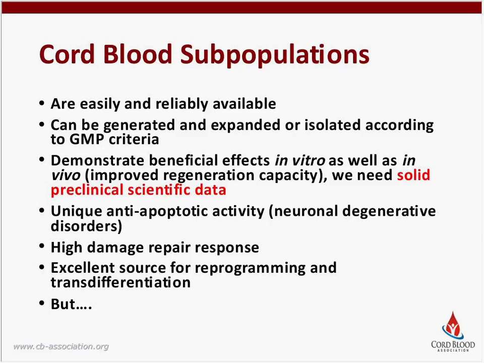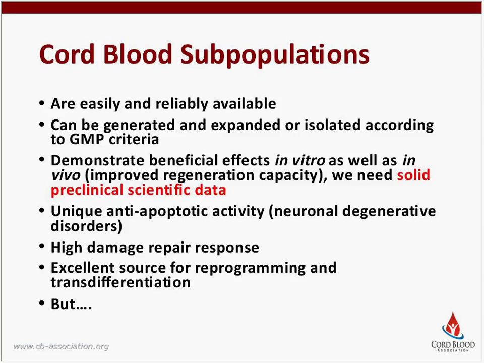However, according to all criteria, they can be generated and expanded or isolated according to GMP grade criteria. However, we should define them in our standard committee. There are already many data out to demonstrate beneficial effects in vitro as well as in vivo, such as improved regeneration capacity. However, we need very solid preclinical scientific data.